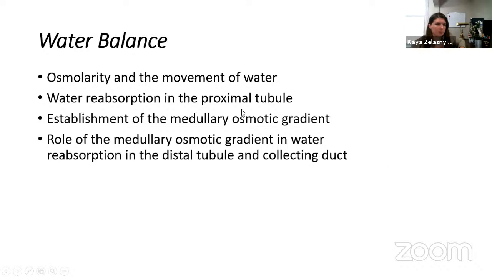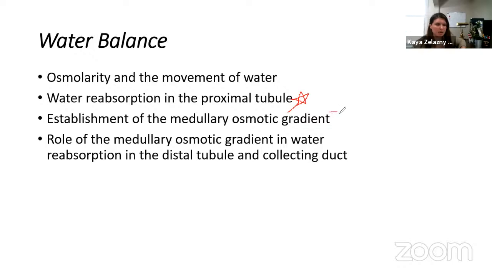So we're going to be thinking about osmolarity and how it moves water. We're going to think about water reabsorption, which we've already looked at, right? We already looked at the fact that 70% of our water is being reabsorbed in the proximal tubule. Now we're going to go into more detail on the remaining water reabsorption that is happening in the loop of Henle.